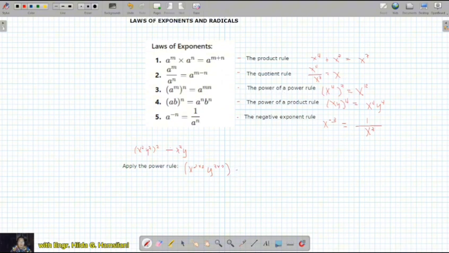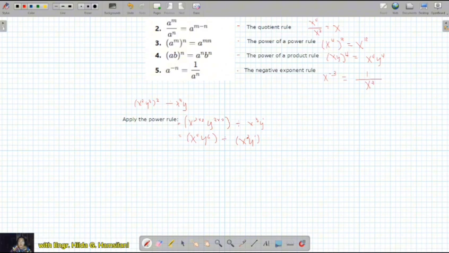And then we divide this with x cubed times y. So we have 1 here. This will give us x raised to 4, y raised to 6, divided by x raised to 3 and y. We have still 1. We have an invisible 1 there.